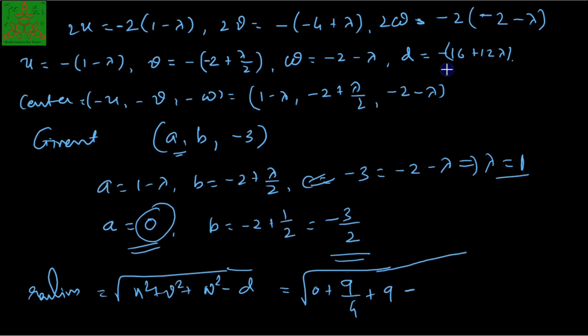The value of d, if lambda is 1, is minus 28, because minus 16 minus 12 is minus 28, so minus d is plus 28. So this will give you the value square root of 157 upon 2. By simplification you get the radius of the sphere. So this is the example.